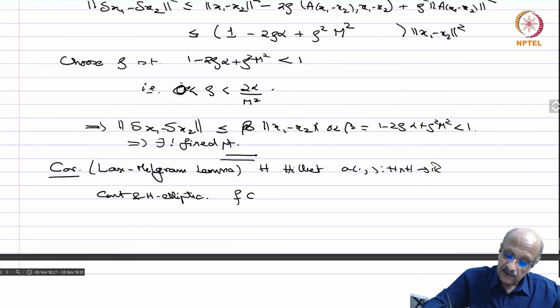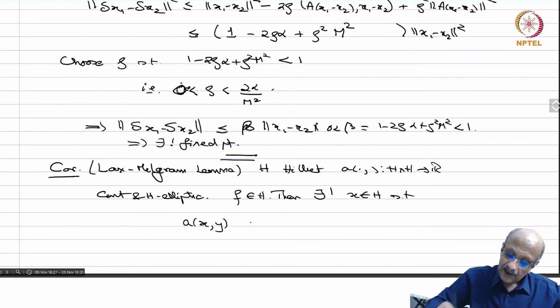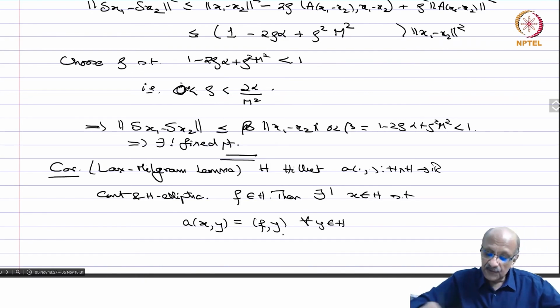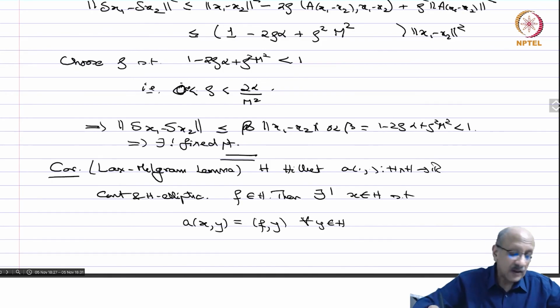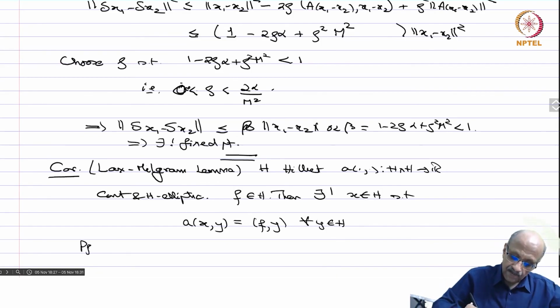F in H is given, then there exists a unique x in H such that a(x, y) equals f(y) for every y in H. So this is exactly the infinite dimensional version of solving n linear equations in n unknowns, which I started this lecture with. Okay, so proof.